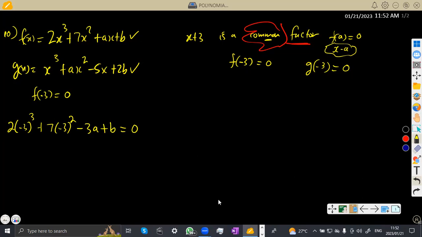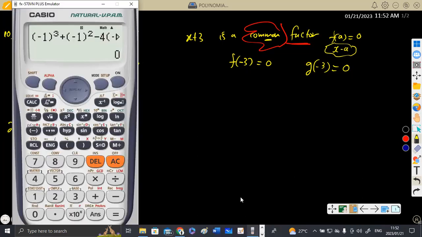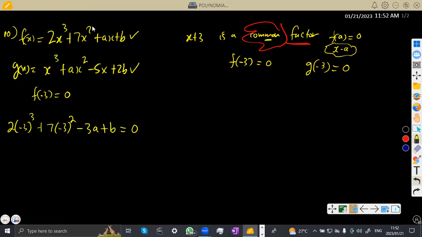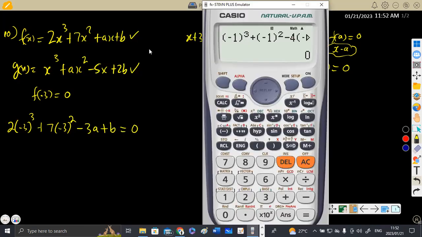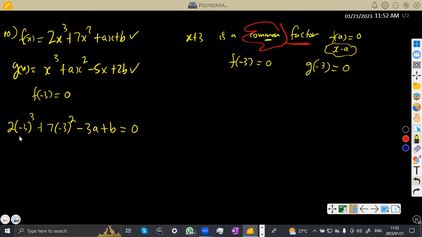Simple like that. We can simplify, but here we are not going to waste much time. What you're going to do is just simplify the numerical parts, because here there is a and b, so you can't simplify that part.